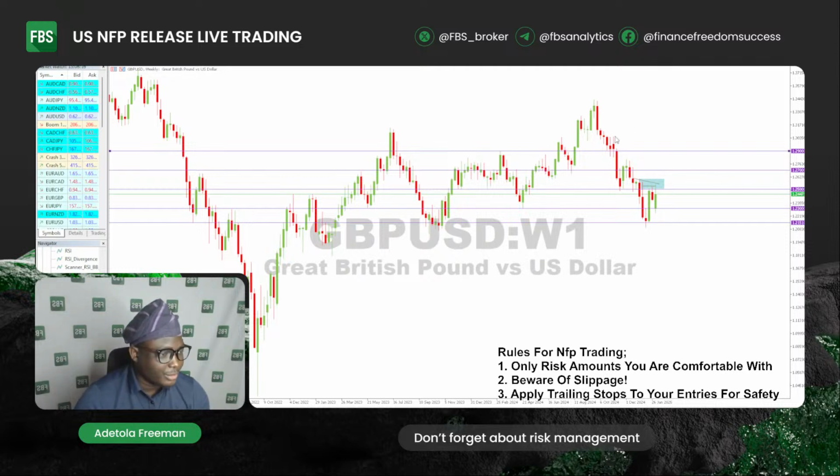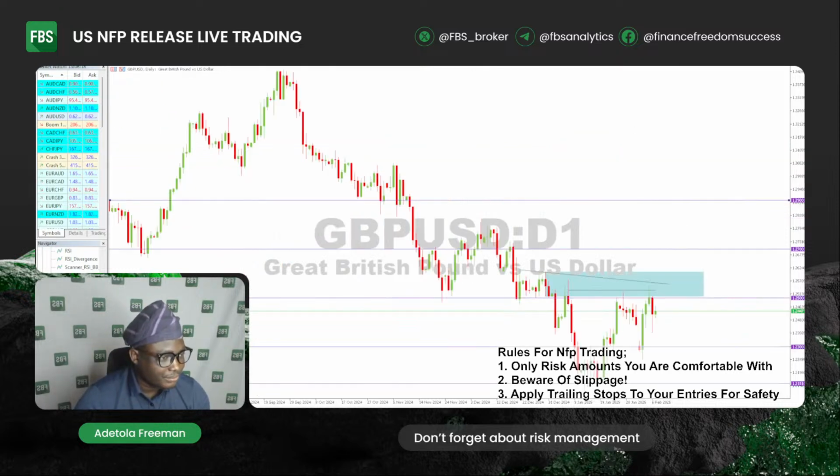So these are the levels on GBPUSD, telling us that if price should escape this point, price will be coming all the way up here. Let's see how this turns out.